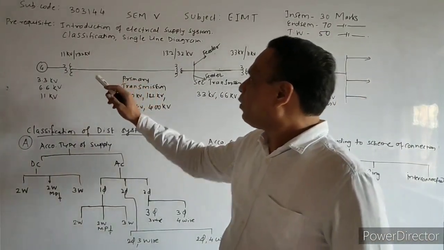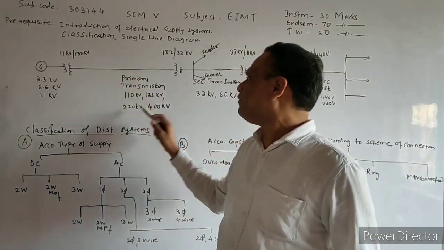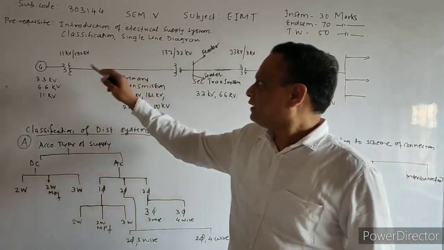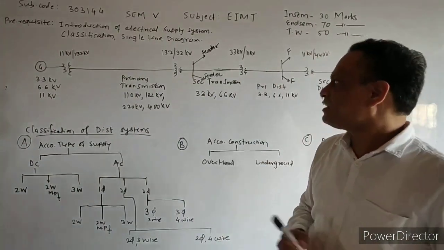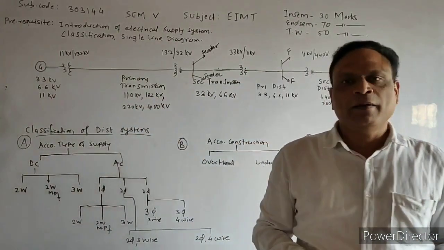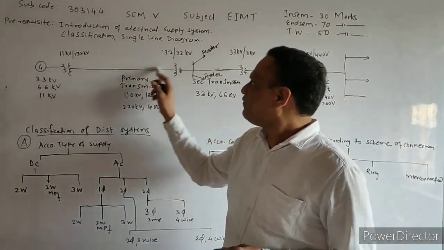So this voltage may be 200 or 220 kV or 400 kV. This is transmitted up to some distance, and this transmission is called as a primary transmission.